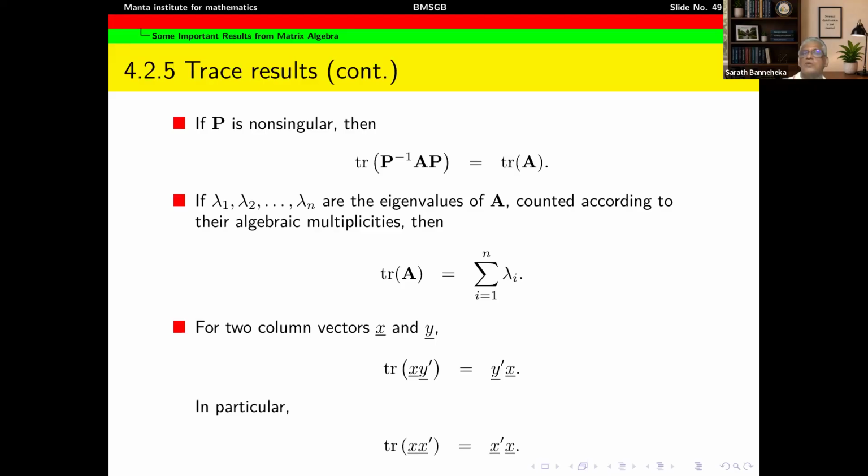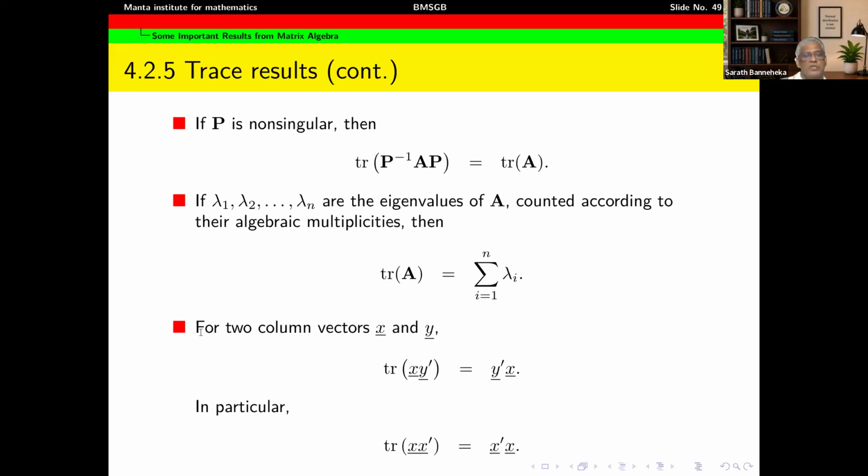So that's also a very useful result, but I'm not going to prove it. Let's just take it as it is, which will be useful. So this A is an n by n matrix, and trace of A will be equal to the sum of the eigenvalues.